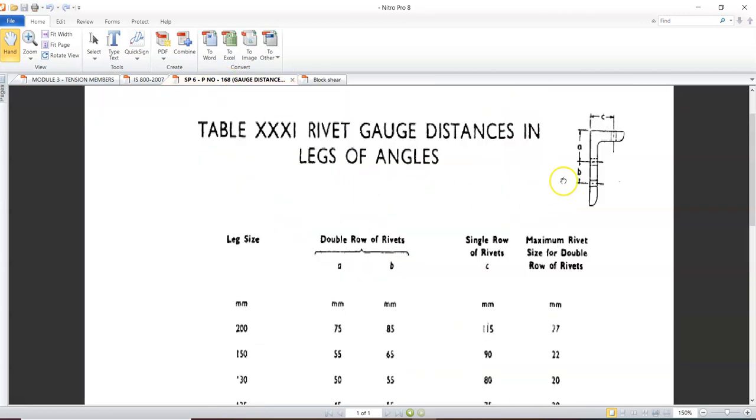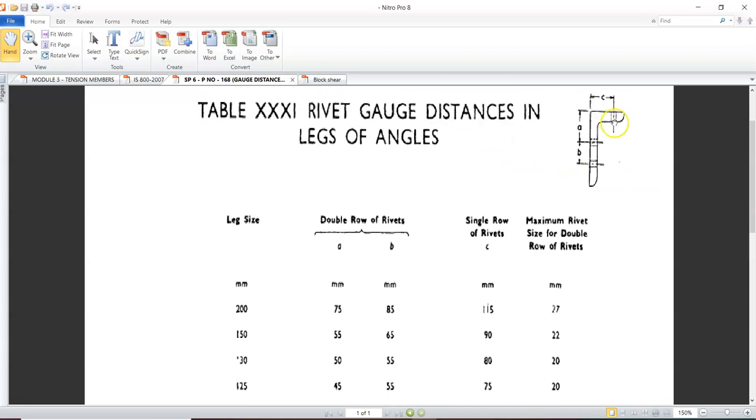Now we are providing 2 rows of bolts in one leg. So that is the first bolt.